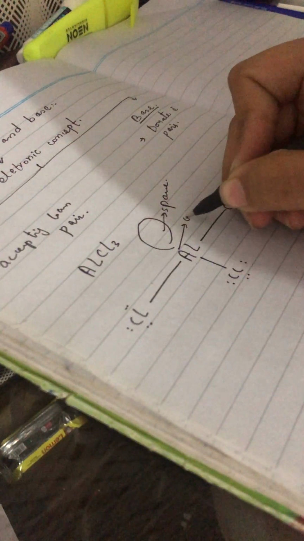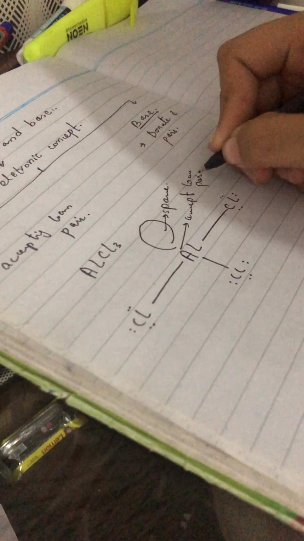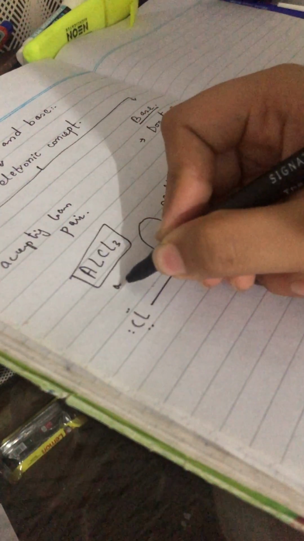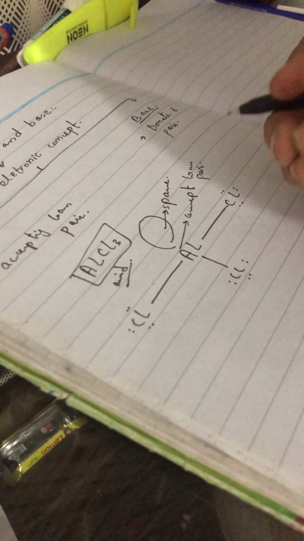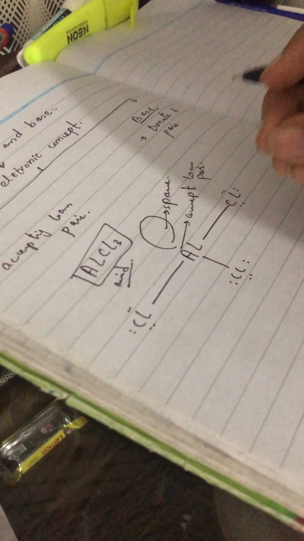So this is an acid. Any element or compound that can accept a lone pair is known as an acid.